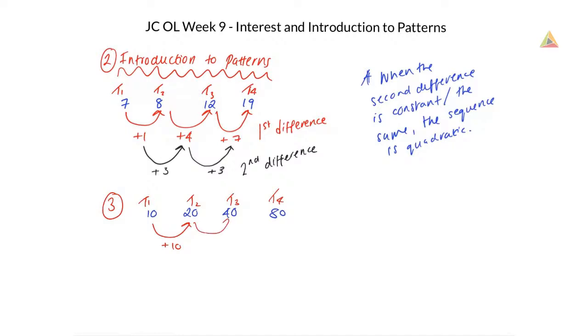To get from 20 to 40, we added 20. To get from 40 to 80, we added 40. So we're going to check the second difference just to make sure that it's not a quadratic. The difference between 10 and 20 is 10. The difference between 20 and 40 is 20. So you'll notice that the second difference is not the same, which means it's not a quadratic.